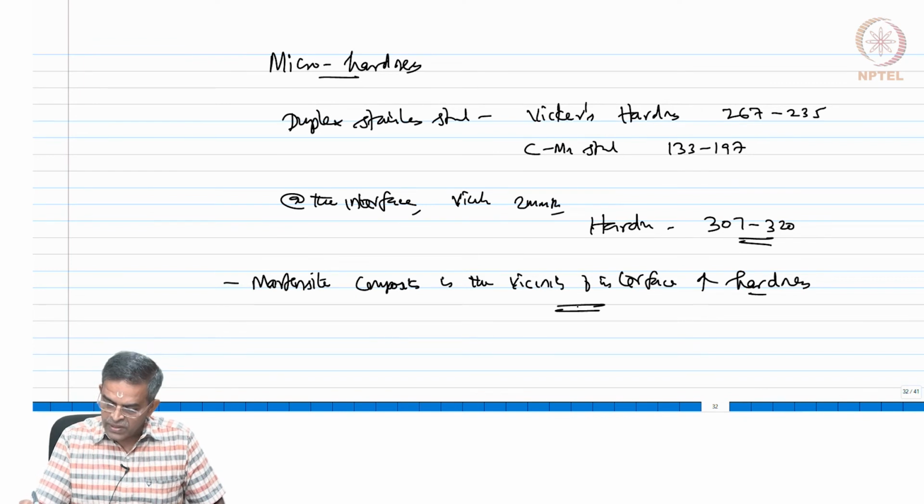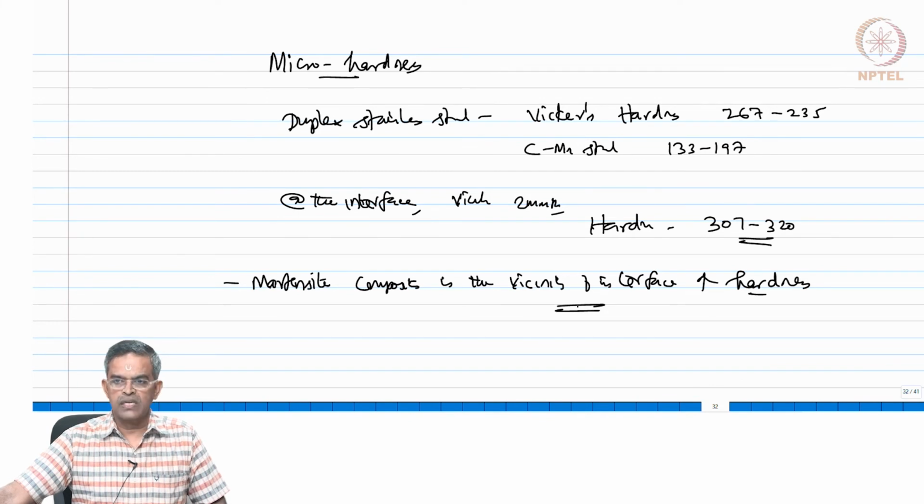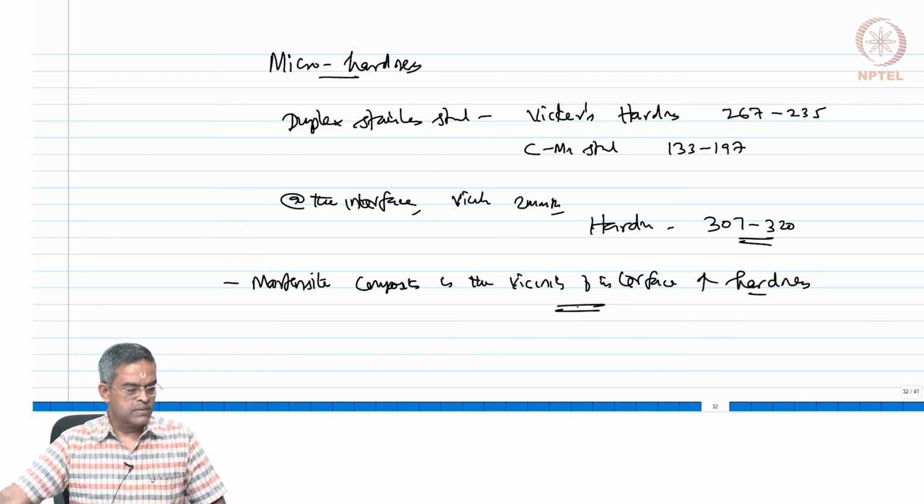It is because of this reason. The increase in hardness contributes to the overall increase in strength of the material. It is also seen that the region of duplex stainless steel is of a higher hardness compared to carbon manganese steel, which provides an additional strength to the FGM material.